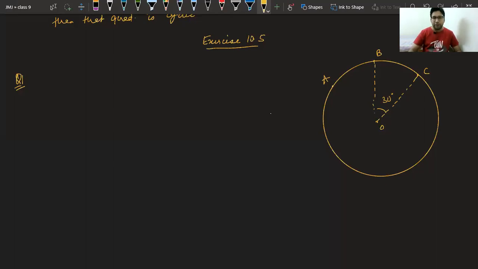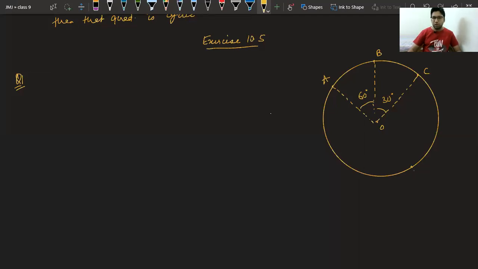Similarly, they are saying angle AOB is 60 degrees. So again we will take the minor arc AB. This angle is given to you as 60 degrees. And what they are asking is if D is a point on the circle other than arc ABC. So class, there itself they are saying it is other than the arc, that means it is lying on the remaining part of the circle anywhere you can take, but they have taken it here.